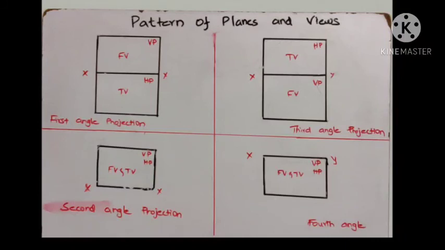Two overlapping images are very hard to read and understand, and the purpose of multi-view will not be satisfied with overlapping views. So that's why, for projection of one-dimensional objects, two-dimensional objects and three-dimensional objects, the projection of the second quadrant and fourth quadrant are not considered.